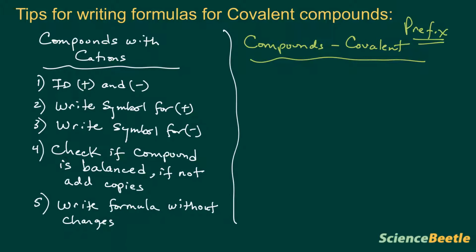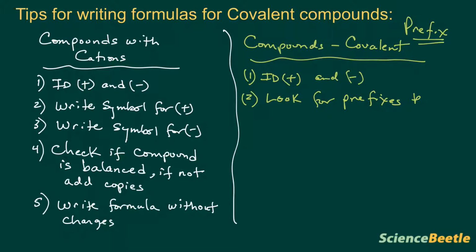So the very first step is very similar to what it says here on the cation version: you want to identify the positive and the negative side of the compound. But the very second thing that you want to do is look for prefixes, and then change those to numbers.